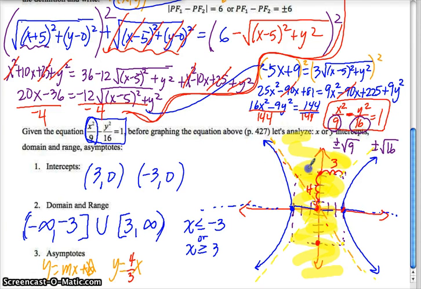Well, that's +4 over -3. So your asymptotes you can write as y equals plus or minus 4/3 x. So these numbers under here are what helped me get my asymptotes. Remember, asymptotes are equations of lines. It's what it's approaching, but it's never going to cross.